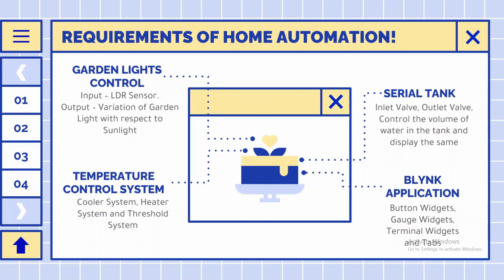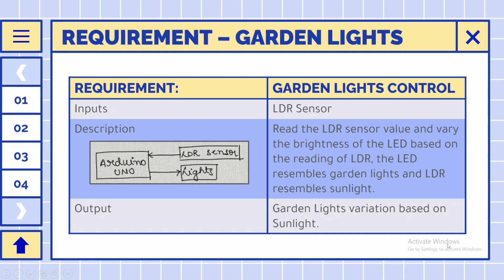Lastly, we have the Blynk application, which is used to create the buttons and the gauges that are being displayed on the app. So basically the requirement of garden lights is the variation of it using the LDR sensor.